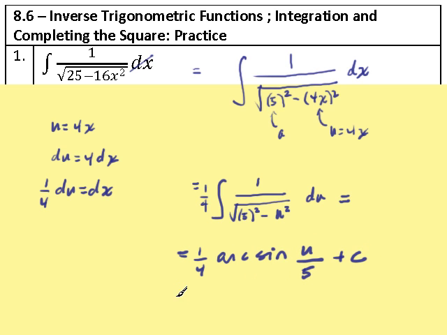And now just write what u is equal to. So we have 1/4 arcsine 4x over 5 plus c.